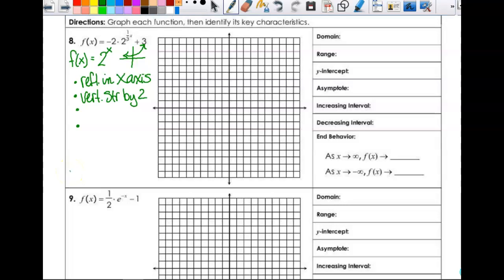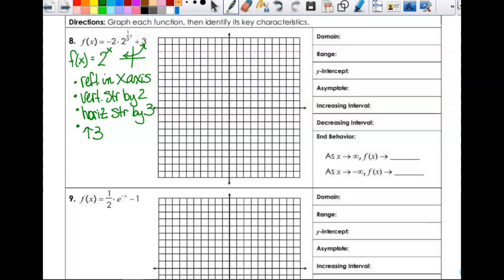All right, so then the 1/3, what is that? Horizontal stretch. X is a liar. Horizontal stretch by 3. Oh, and then this 3 means what? Up 3. Okay. I highly suggest, even if you're not required to actually write these out, okay? Because otherwise you might miss something, and I think that's what happens with a lot of people.